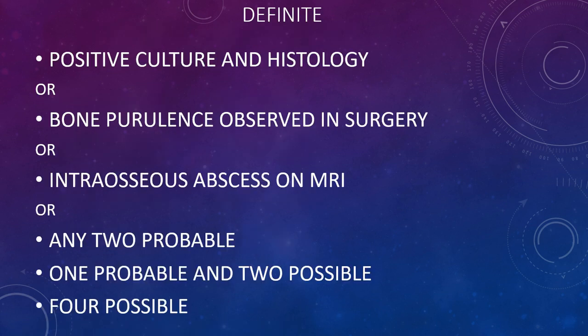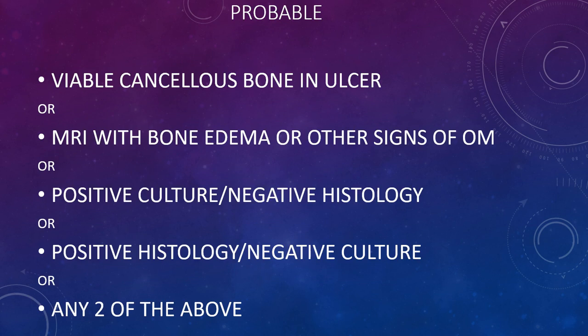Definite osteomyelitis, that is to say greater than 90% likelihood of bone infection, is considered present when there's a positive bone culture and bone histology, or we see pus coming from the bone in the operating room, or we have MRI findings with classic presentation of an intraosseous bone infection and abscess, or we have two probables, or one probable and two possibles, or four possibles.